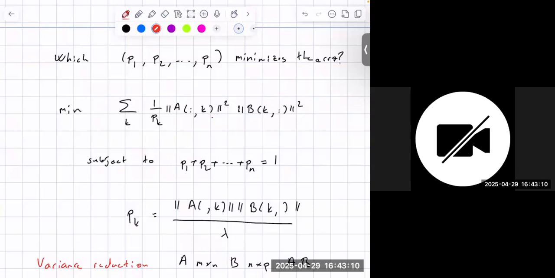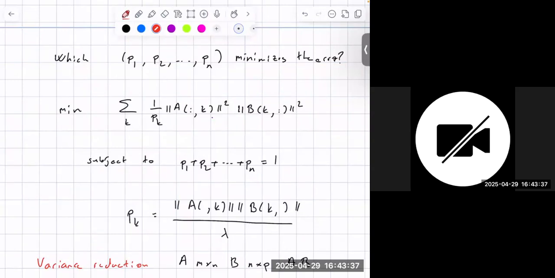So in an implementation, what would you do? Your matrix A comes in. In the first pass, you will try to just save the norms, not the whole thing, just the norm of every column, and do the same for matrix B. This way, you know this information.